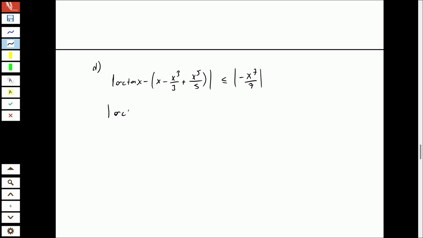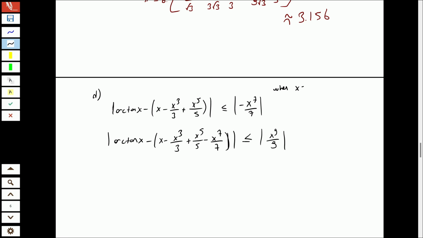And if you look for the fourth term, we're going to write this one. In this case, the error will be less than or equal to x to the power of 9 divided by 9. So we can just calculate this one.